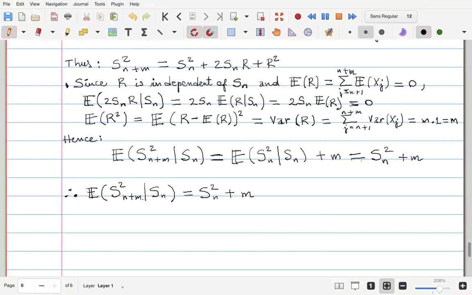This conditional expectation is the same as conditioning with respect to sigma(S_n). So if you take F_n to be the sigma algebra generated by X_1 up to X_n, it is the same sigma algebra generated by S_n, right?